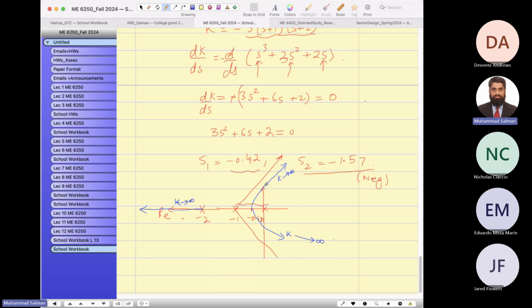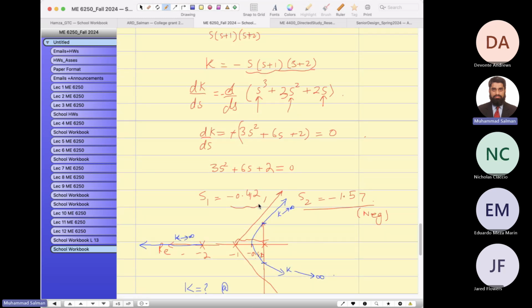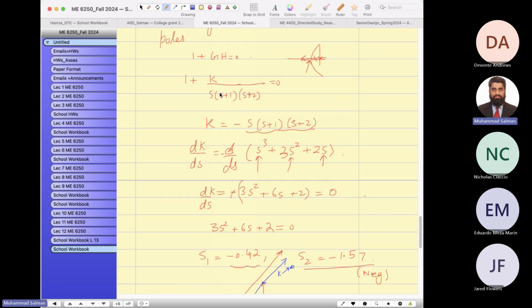Now this point is very important to determine what is the k value. Find k value at, we call this the imaginary crossover, at s equal to j omega. So in that case, what you have to do, you have to take this equation, the root locus equation.